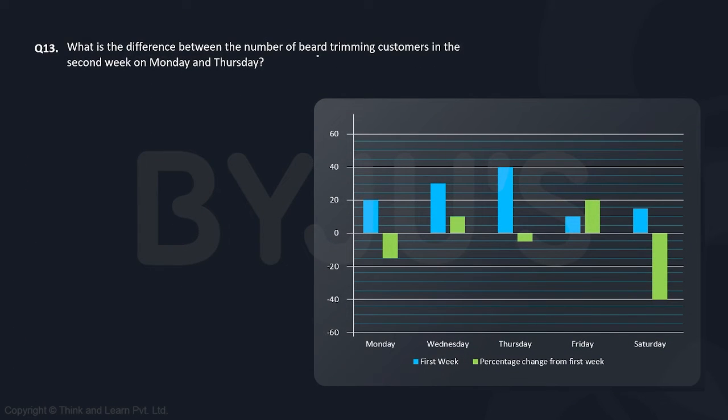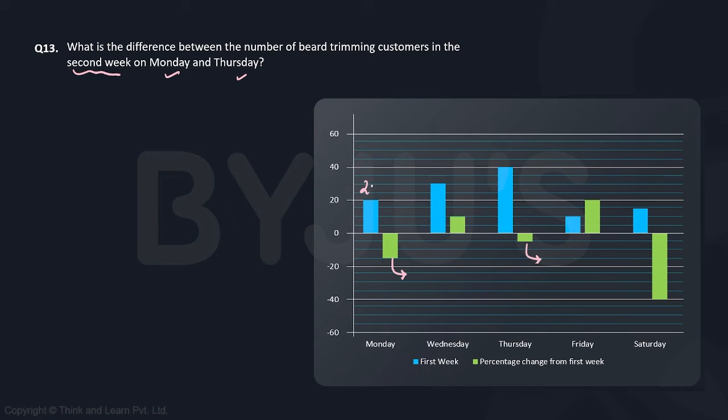What is the difference between the number of beard trimming customers in the second week on Monday and Thursday? Okay, so when I talk about the second week and he's talking about Monday and Thursday, what is this figure of the second week and what is this figure of the second week?